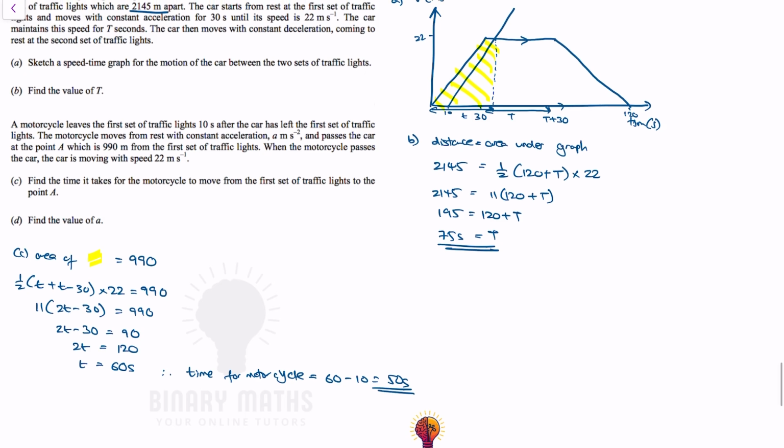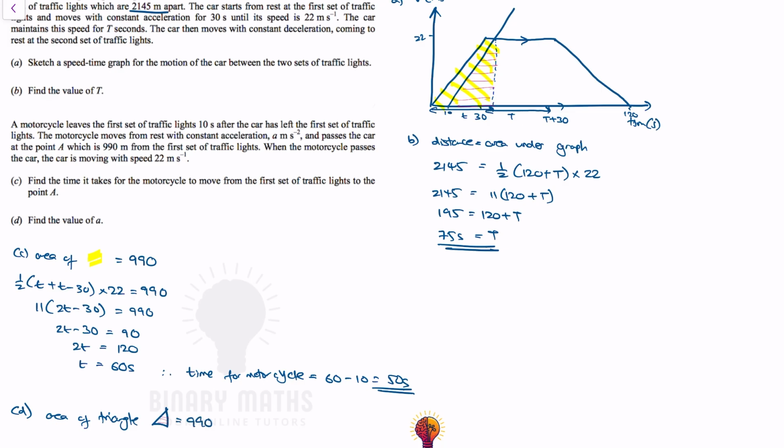D is find the value of A. So if I look at this triangle, the area of the triangle must be equal to 990.